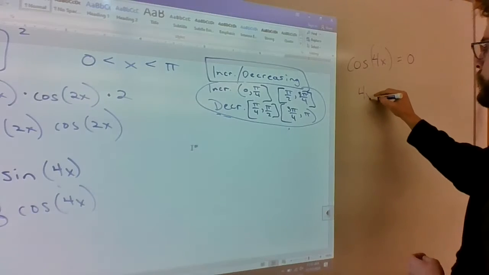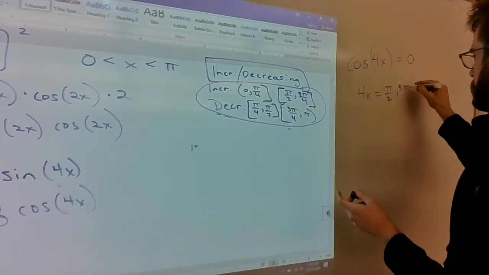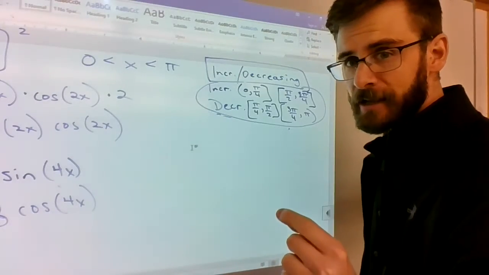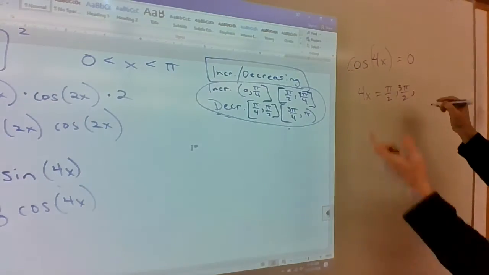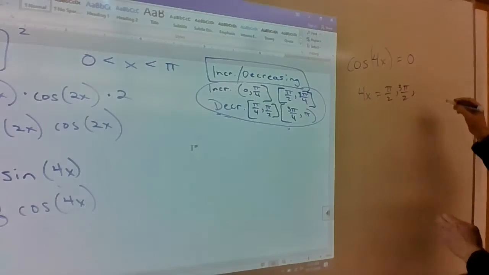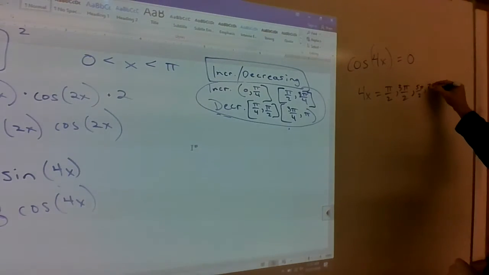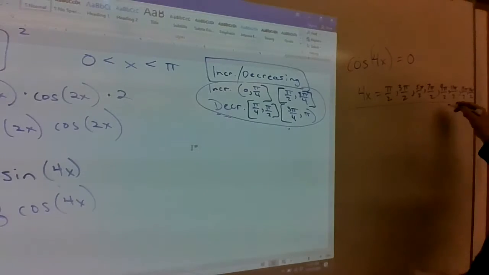Well, cosine equals 0 at pi over 2, at 3 pi over 2. These would be the normally 2 solutions. It seemed like in the previous example, we would have 4 times as many solutions right there. So 5 pi over 2, 7 pi over 2, and then 9 pi over 2, 11 pi over 2, and then 13 pi over 2, 15 pi over 2, and then you divide everybody by 4.